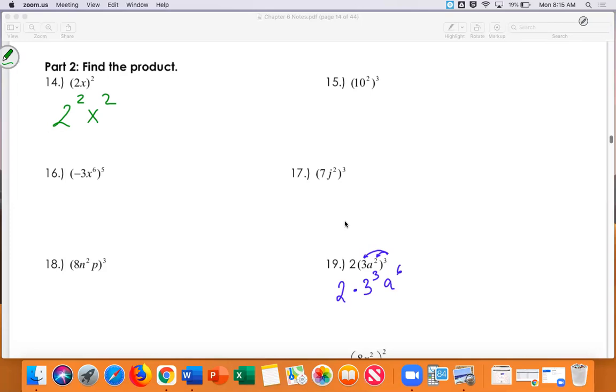Okay, so you added, but remember we multiply here, okay? 10 to the 6th, okay? Jack, when in doubt, we would have 10 squared times 10 squared times 10 squared, and we would add them up. So 2, 2, and 2 is 6. I know it's confusing, all right? So just try to bear with me on it.